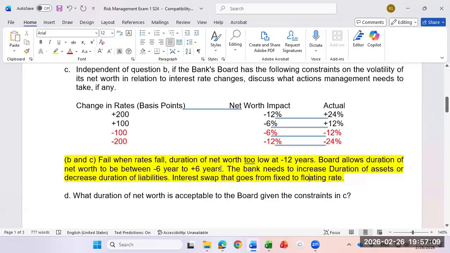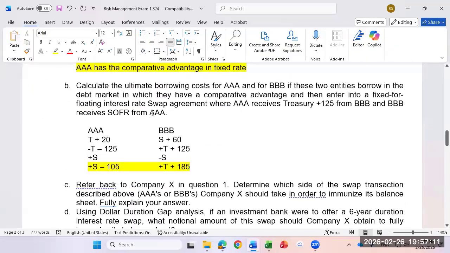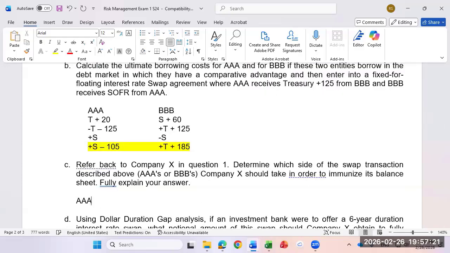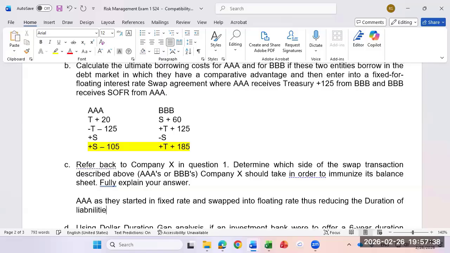All right, so in this last question, we said we want the swap that they started off in fixed, ended up in floating. Who is that in this question? AAA started at fixed, end up in floating. So the way I would answer this question, AAA as they started in fixed rate and swapped into floating rate, thus reducing duration of liabilities and increasing duration of net worth.